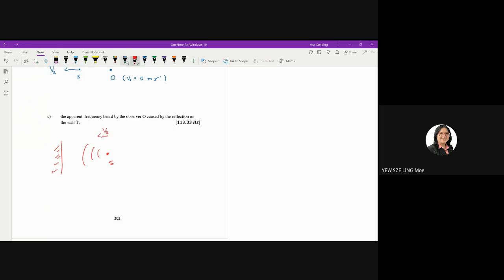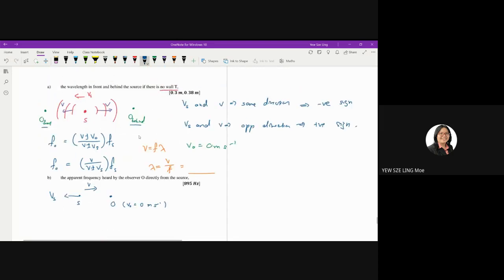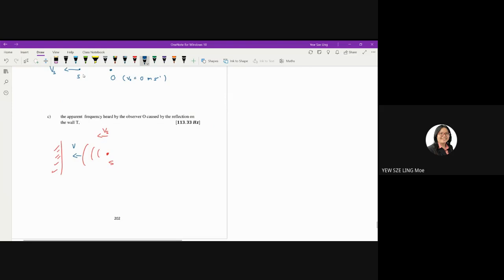So this is your Vs, and your V is also traveling towards the wall. So this is an example of a question that involves the front of the object. Now the wall is acting as the observer in this question. The wall observes the frequency, so it receives a frequency, and then the frequency is being reflected.